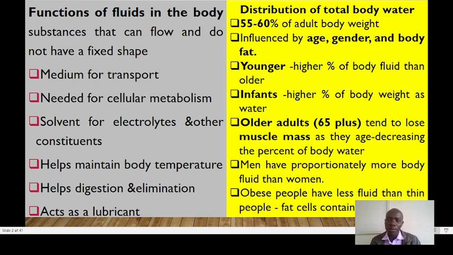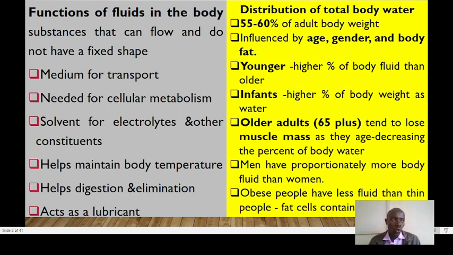You'll have the synovial fluid acting as a lubricant, reducing friction between the articulating bones. Besides, we also have amniotic fluid that is very significant and acts as a shock absorber.